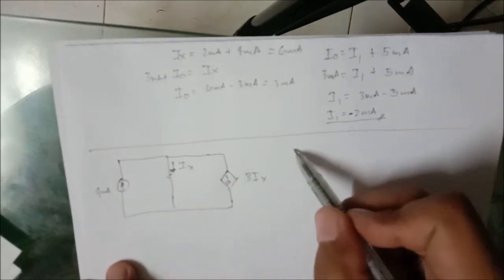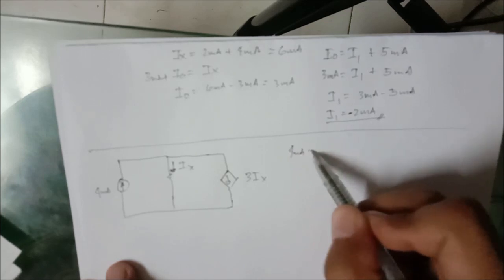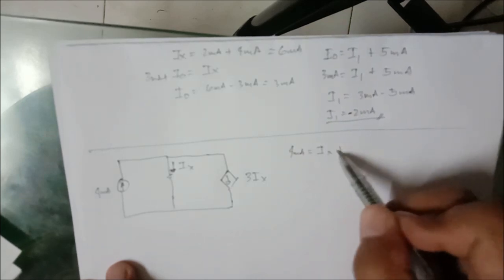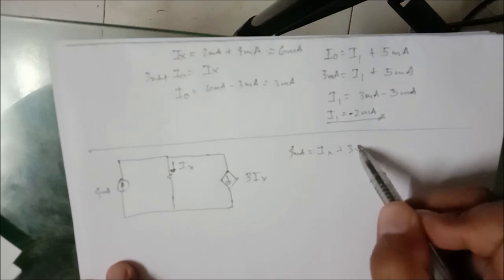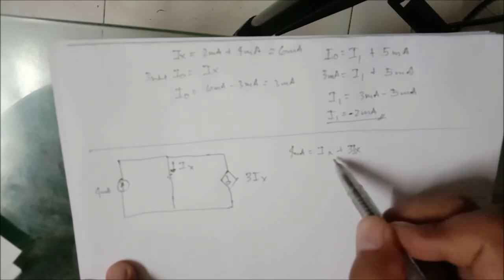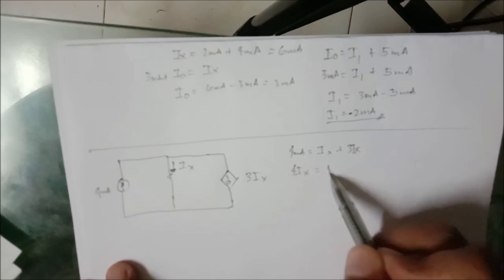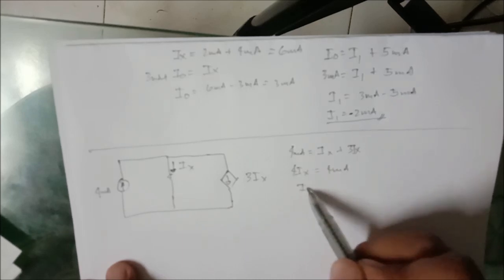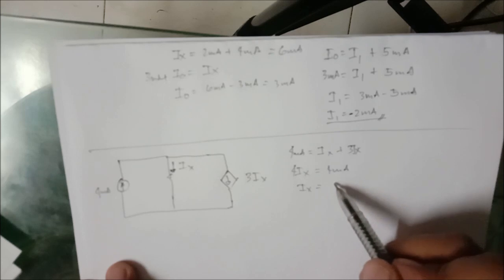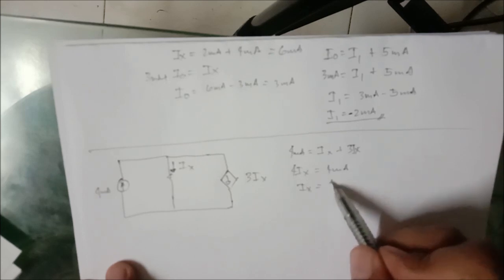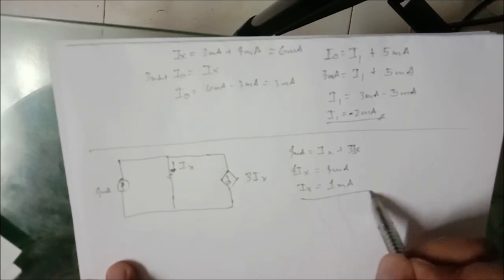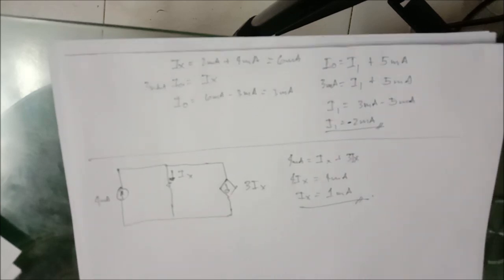Using KCL, 4 milliamperes is equal to I sub x plus 3ix. So, 4ix is equal to 4 milliamperes. Ix is equal to 4 divided by 4, 1 milliamperes. Napakadali.